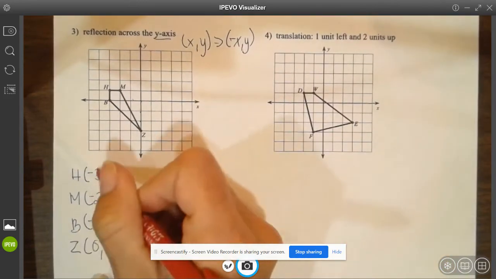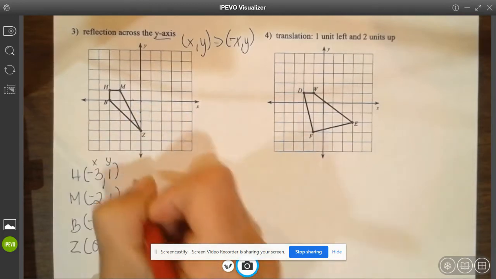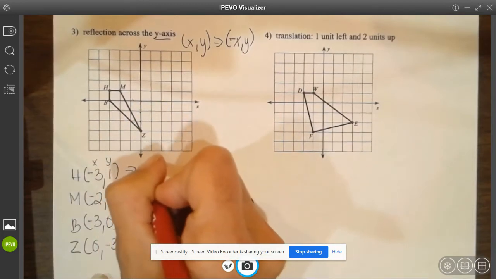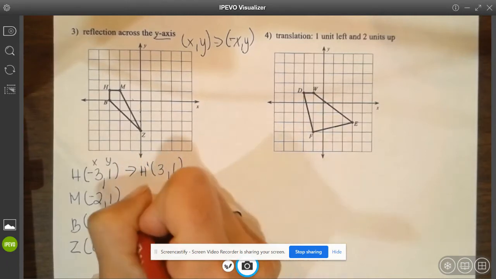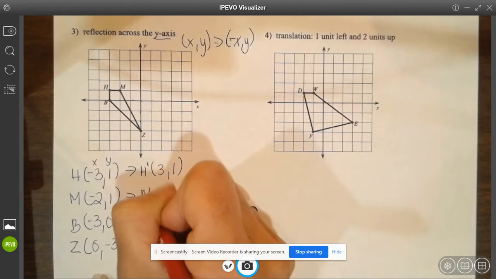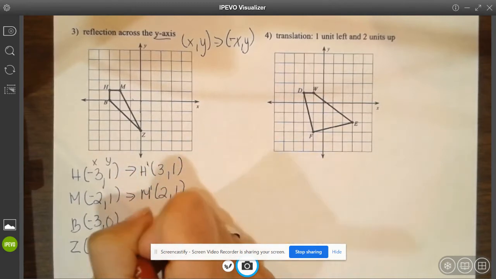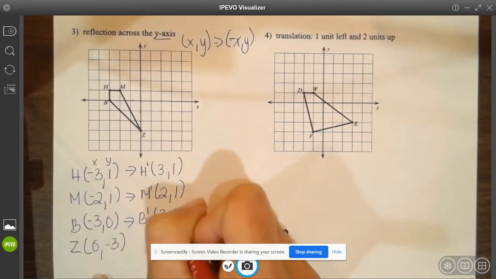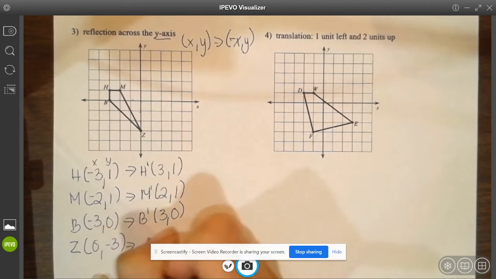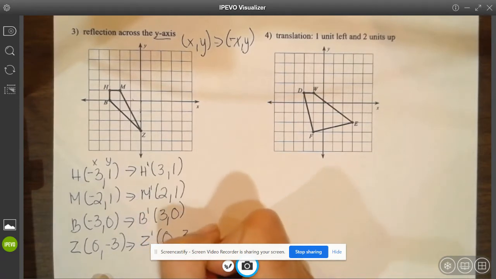All the signs for my x values are going to change. So H's new point is positive 3, 1. M would be positive 2, 1. B would be positive 3, 0. And Z, since 0 doesn't have a sign, is 0, negative 3.